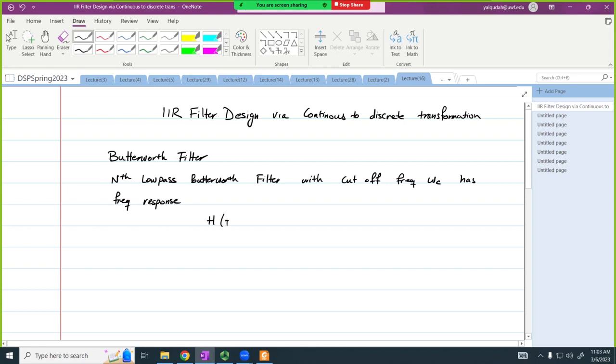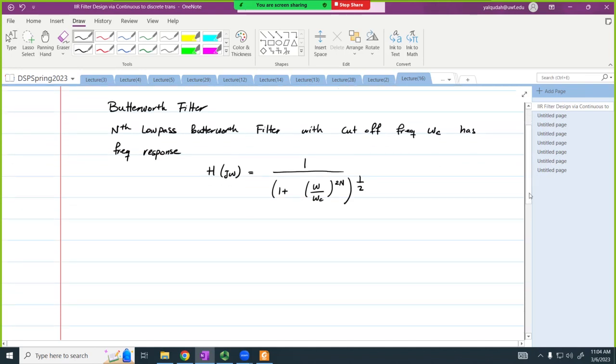|H(jω)| = 1 over the square root of 1 plus (ω over ω cutoff) to the power of 2n. So this is the frequency response of the Butterworth filter. We can plot the Bode plot for the frequency response, and it would look something like this.